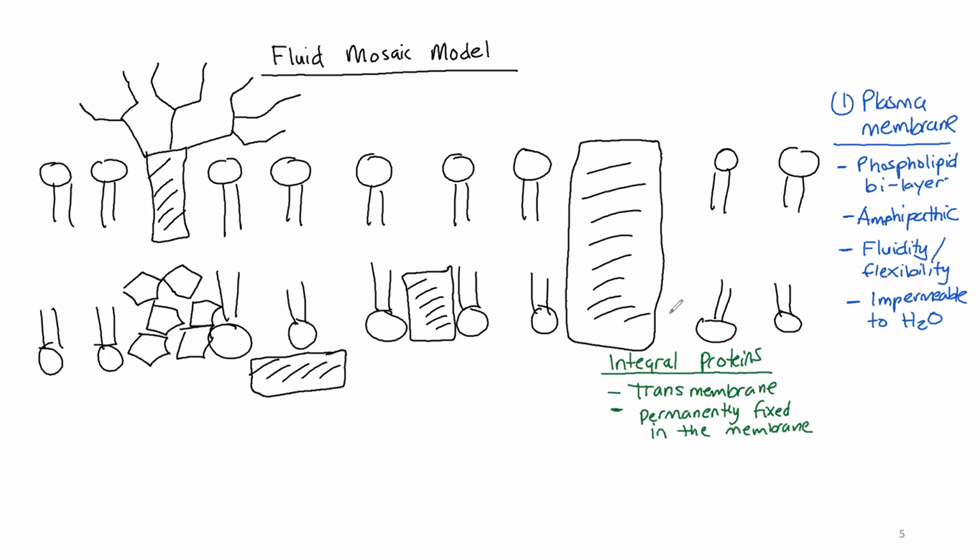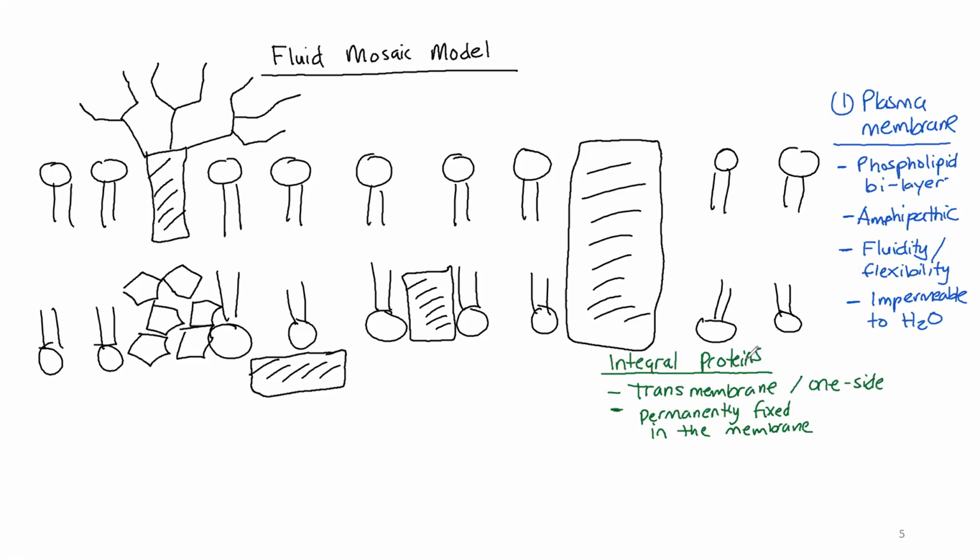We can have some small examples of one-sided integral proteins, but the main example is the transmembrane proteins. So I'm going to put here as well, we can have transmembrane or one-sided, but the real importance of an integral protein is that the function of the cell is vital and tied to the presence of that protein.